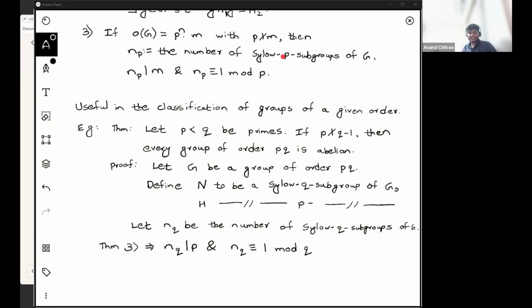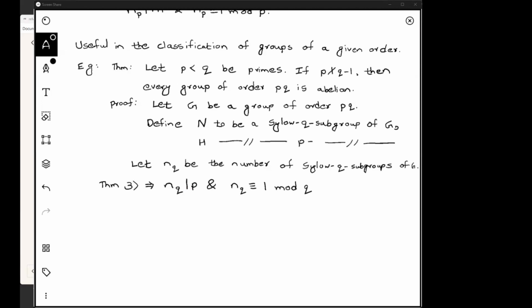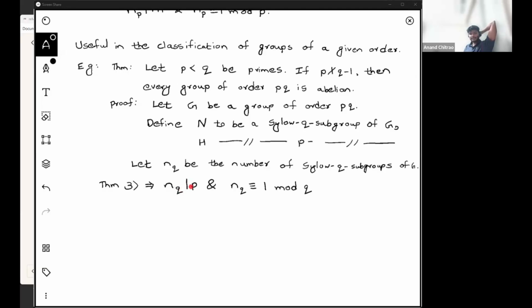If it were a Sylow P subgroup, then 1 mod P. Since we have a Sylow Q subgroup, 1 mod Q. So what are the possibilities of nQ satisfying these two things? The first condition says that nQ divides P. P is a prime, so nQ has to be 1 or P.